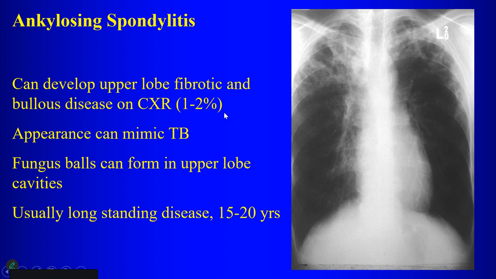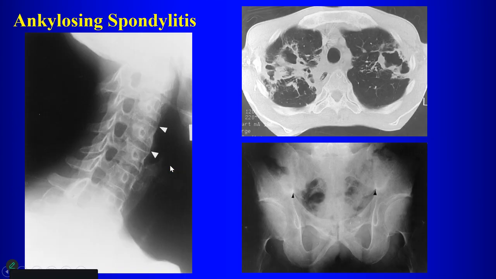So these patients, a very small percentage, can develop that, and it can look just like tuberculosis. They can also develop fibrobullous changes, so they can develop fungus balls within these areas of bullous change. Usually they have very long-standing disease when this occurs. So here's another example, the cervical spine. There you can see the sacroiliac disease associated with ankylosing spondylitis.